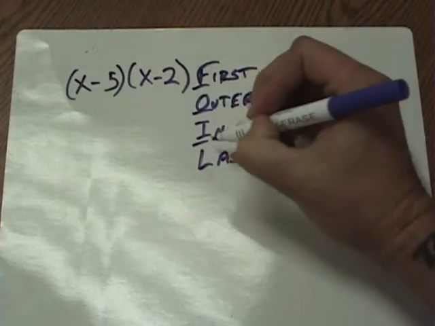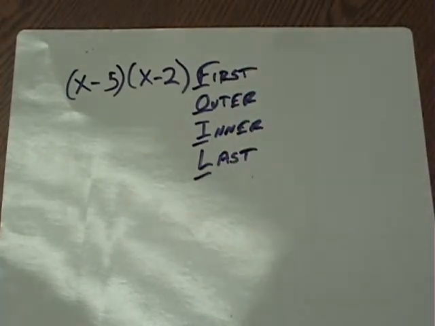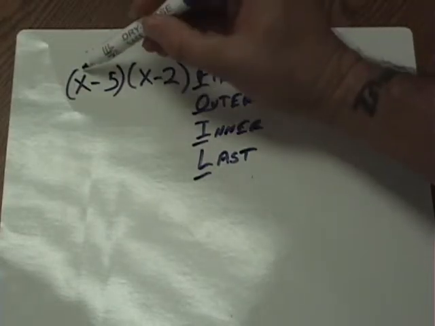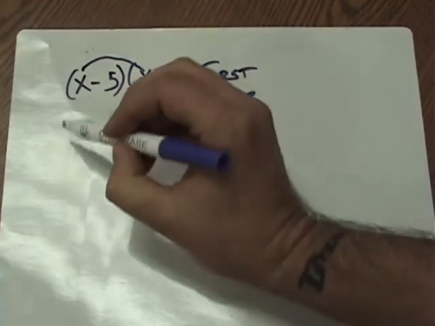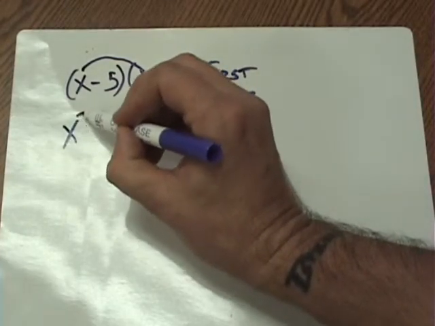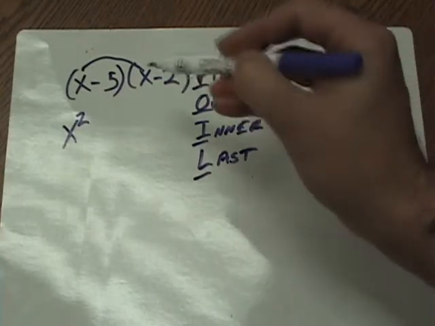The way the FOIL method works is that if we have our two binomials, we start with the first terms, which are our variables, and multiply those together. So our first terms are x times x, and x times x gives me x squared.